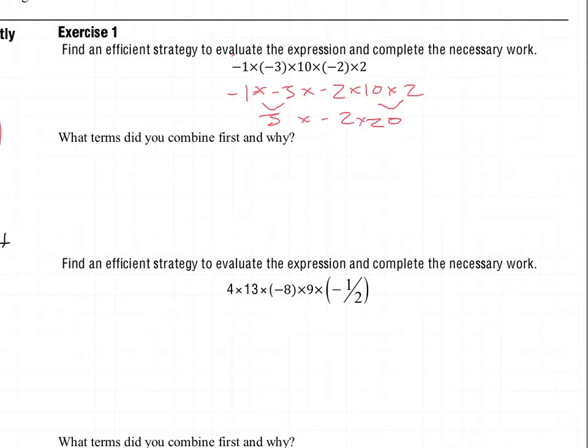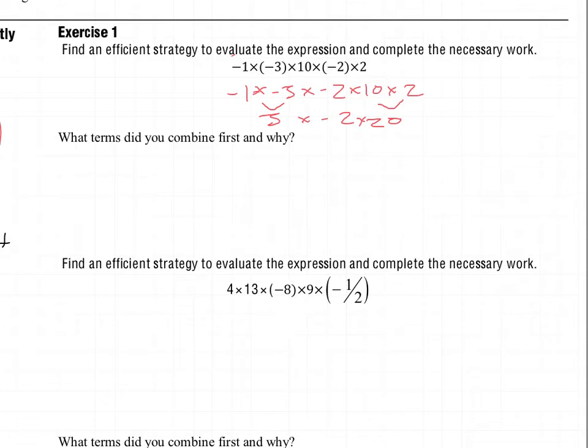Alright, so looking at this, what terms did I combine first? Well, I went ahead and paired up all my positive numbers and all my negative numbers, so basically put all my negative numbers together. I also kind of put them in such a way that I would keep this multiplication of 10 over here as kind of times 20, which is pretty easy for me.